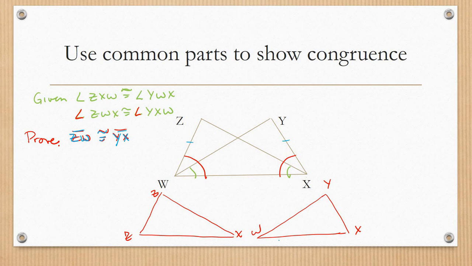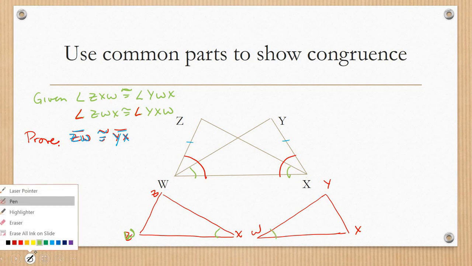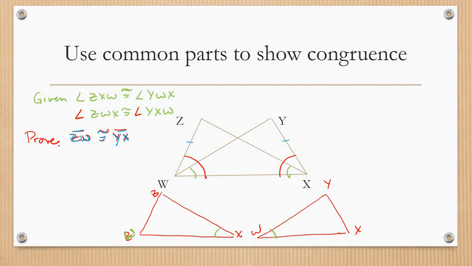All right, so let's look at the two triangles we have. Back to our original givens. In the green, we were given that ZXW, I'm sorry, this is W. All right, ZXW is congruent to YWX. Then I was shown, go back to my red, that ZWX is congruent to YXW.